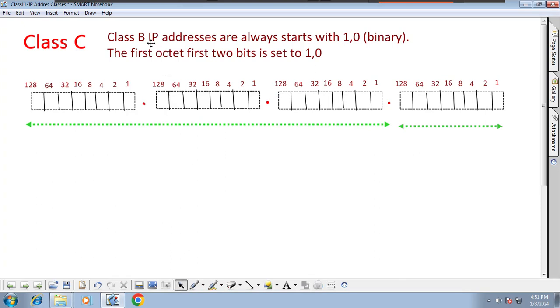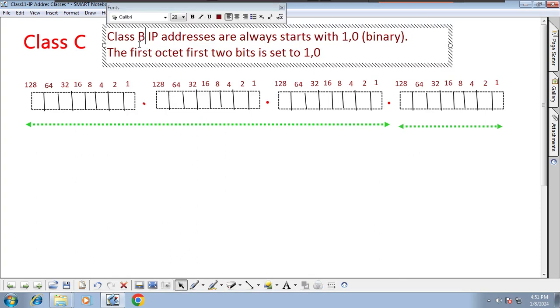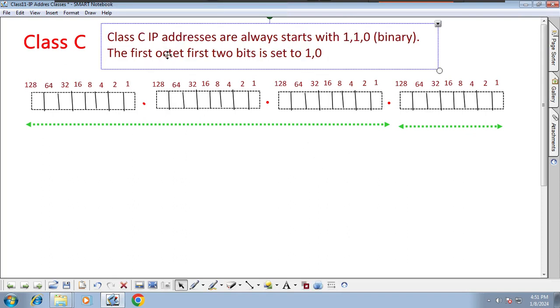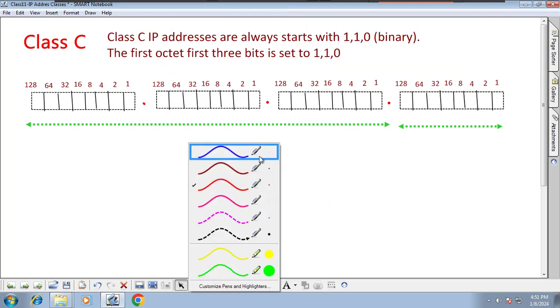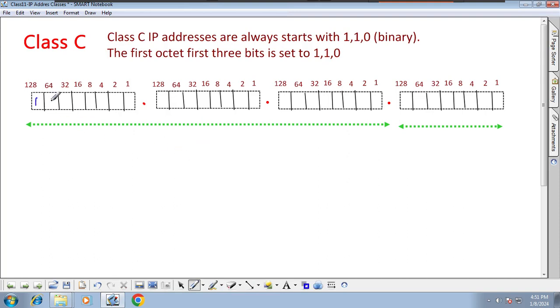Class C IP addresses always start with 110. This is the thumb rule: the first octet's first 3 bits are set to 110. These bits are reserved bits.